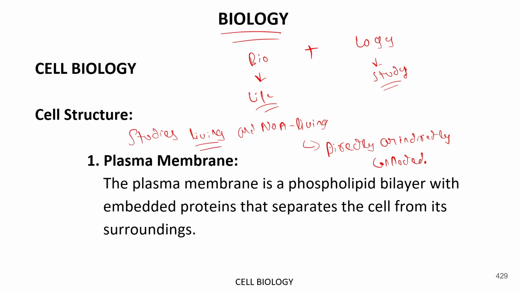But what about the non-living? Like the climate, like the temperature in which you are sitting right now. If you sit in too low a temperature, you will get cold. If you sit in too high a temperature, you will be dehydrated. So temperature has a direct or indirect effect on yourself.